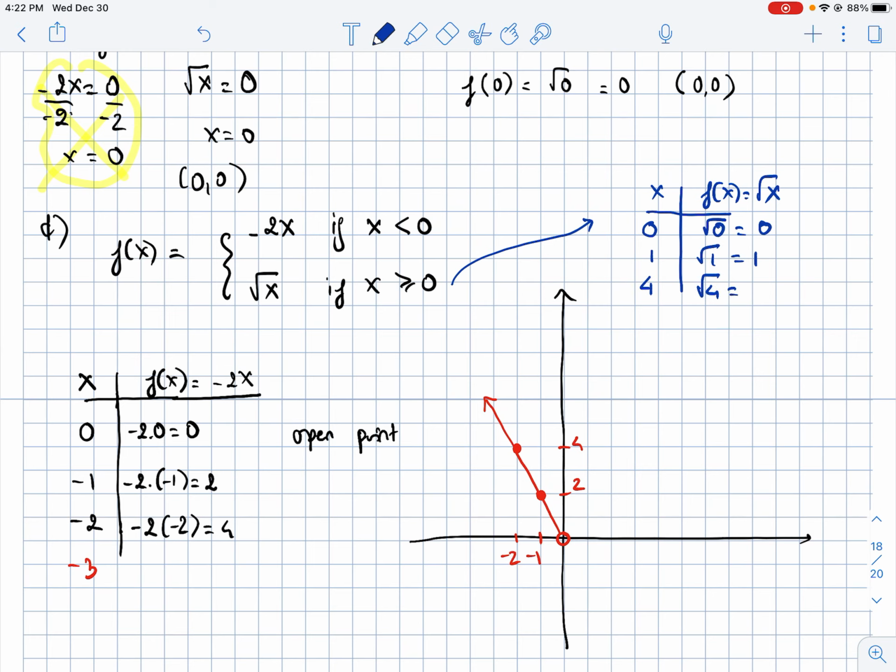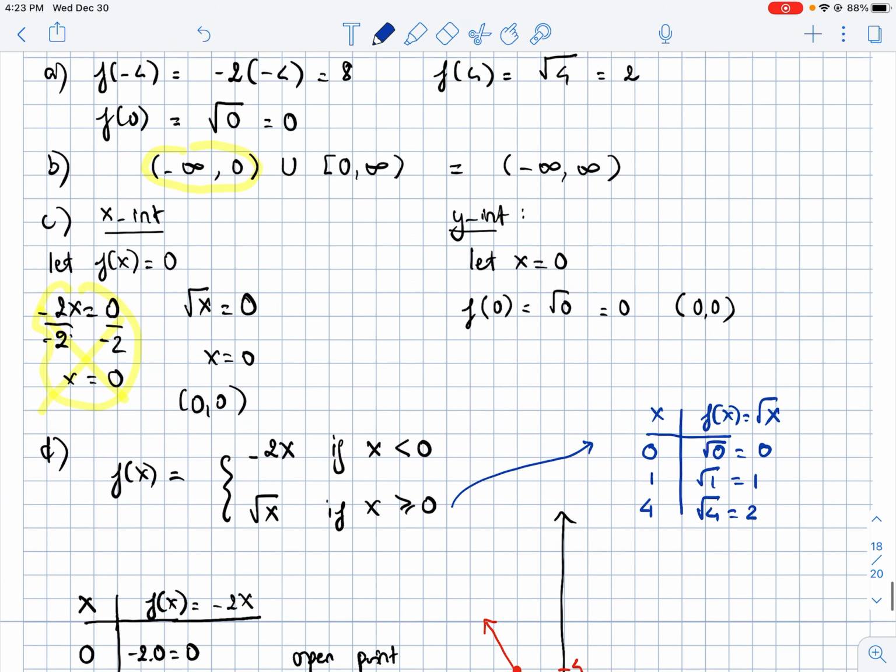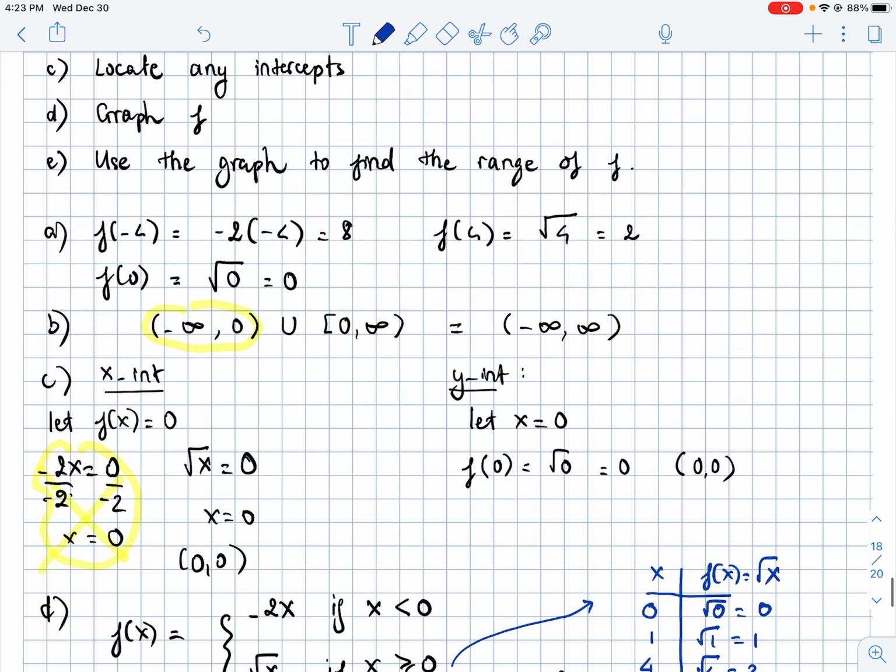If you don't want to use the calculator, you can use 4, then the square root of 4 gives you a nice answer, which is 2. So (0, 0), (1, 1), and (4, 2). So we get the graph of the function f with two pieces.